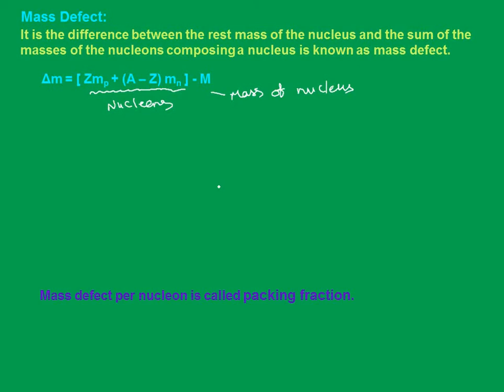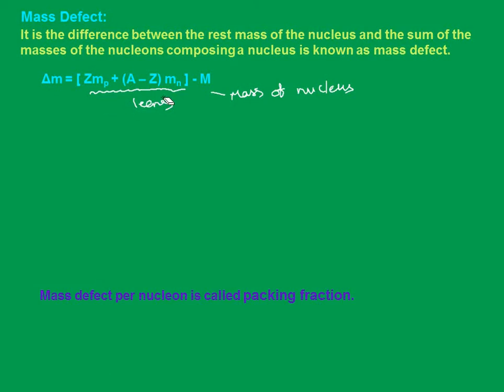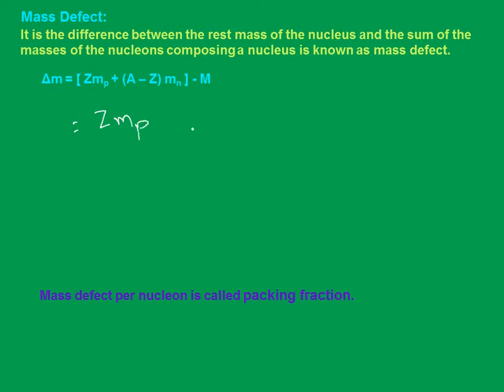we can also write it in a different way. Let me erase this so that I can add and subtract a term. Now we already have Z into Mp, right? Plus Z into Me.